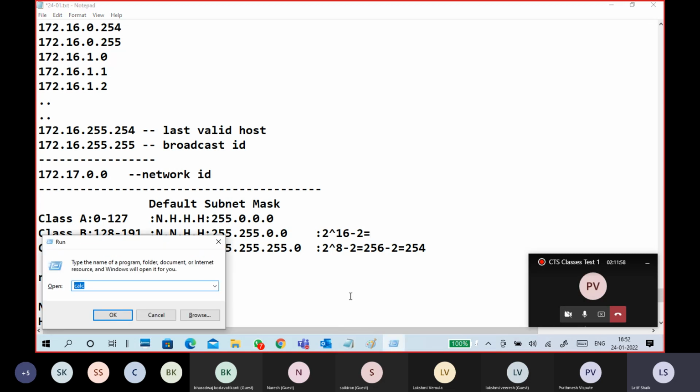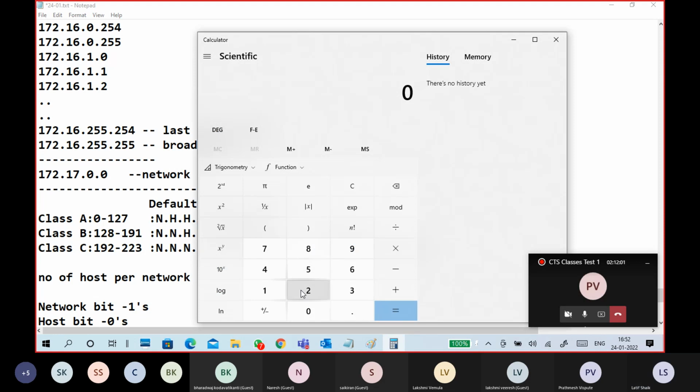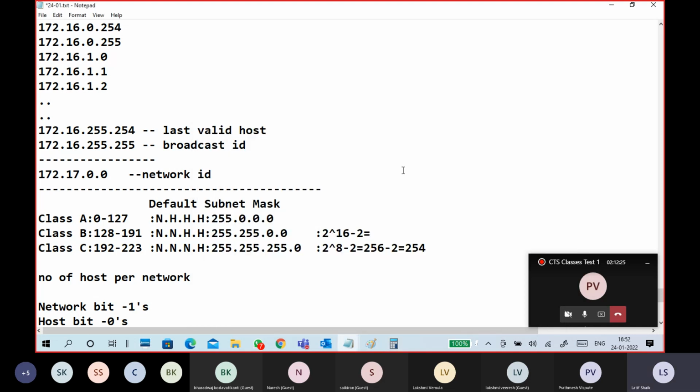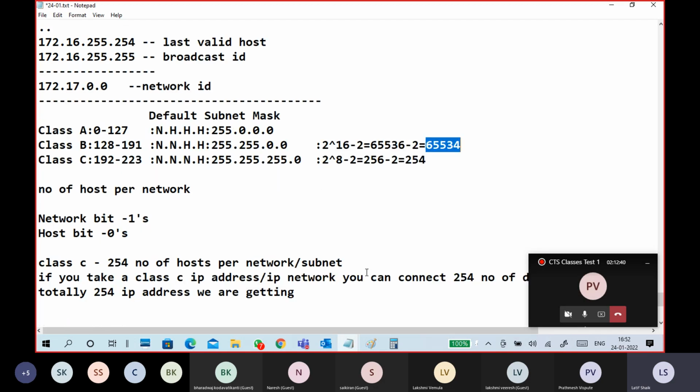So again, we have to go to the calculator: 2 to the power of 16 is 65,536, minus 2 is 65,534 number of hosts per network.